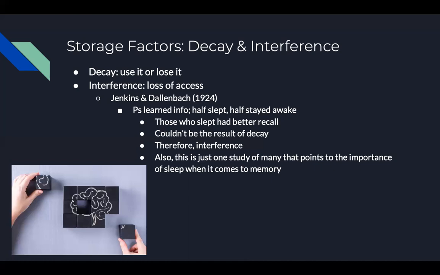But because the participants who had stayed awake were actually less able to recall the information that they had learned, this suggested, well, there must be some sort of interference influence that can happen, right? And this is because it was thought that the half of the participants who fell asleep had nothing interfering with their memory of the information that they had learned.